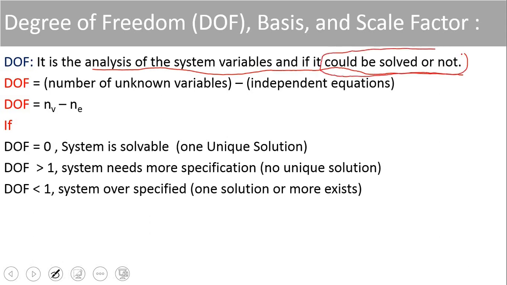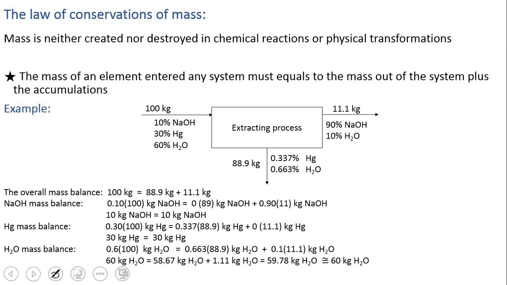So you use the degree of freedom before you start solving any system to understand, is this system solvable or not. The equation of degree of freedom is very simple: the number of unknown variables minus the number of independent equations. So let's move back to our system. In this system we have 4 equations.